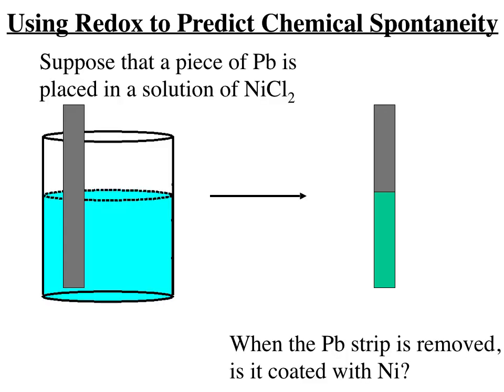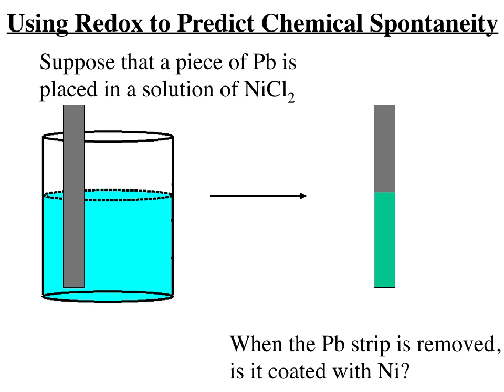So let's see the combination of the idea of laboratory observation of an electron transfer reaction with regard to using the table of standard reduction potentials to predict whether or not there would be a spontaneous reaction. Let's suppose I take a piece of lead and I set it down into a solution of nickel 2 chloride.